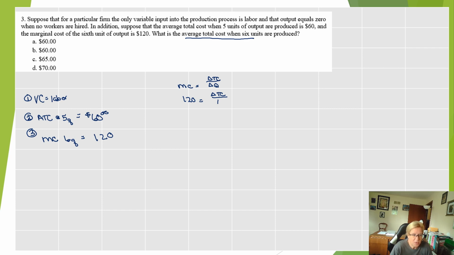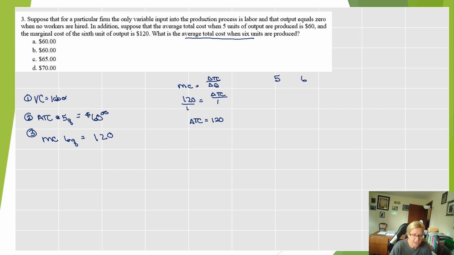Again, I can cross multiply here and say the change in total cost is going to equal 120 as I go from 5 units to 6 units.